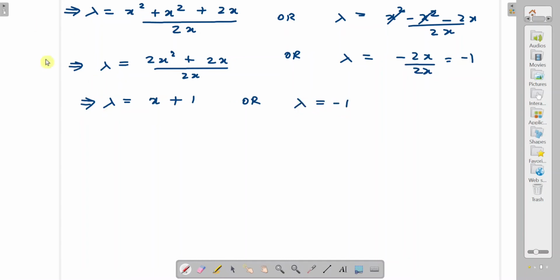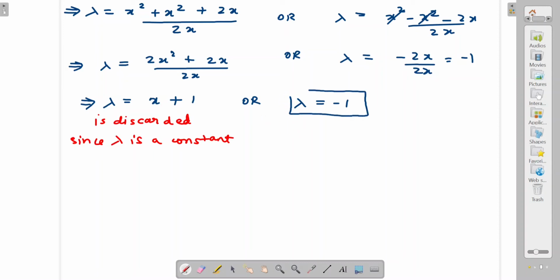Now this is discarded, lambda equal to x plus 1, because lambda is a constant and you are getting a variable here, x plus 1, okay, so it is discarded, since lambda is a constant, and from the next equation you are getting the constant lambda, which is minus 1, right. So this is the answer.